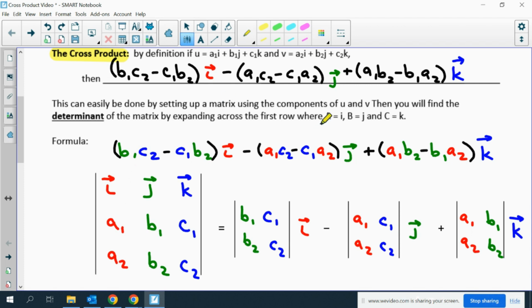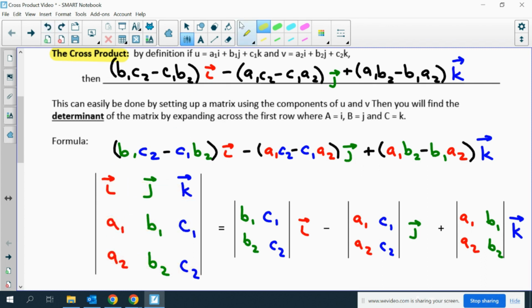What we do is we put the vector u here, the vector v here. It doesn't really matter which order you have them. And then you have i, j, k up on top.